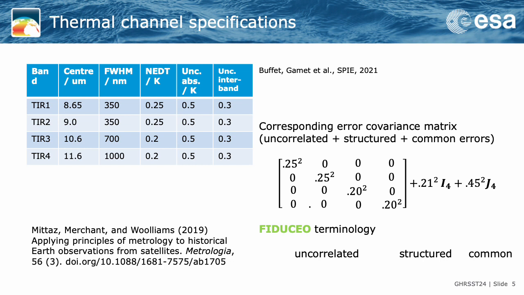The second term captures the fact that some of the calibration errors will be different between channels according to that specification. And the final term shows the amount of uncertainty associated with errors that are going to be in common between all 4 channels, as implied by those specifications.